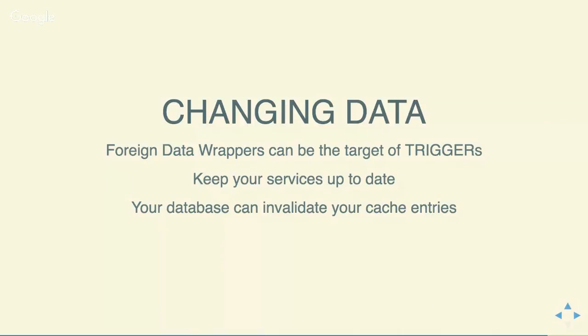So if you have a caching layer in front of your website and you can associate entries in that cache with entries in your database, then as those entries change, you are able to use a foreign data wrapper in order to invalidate those cache entries. And I'm sure that you can think of many other ways in which you can update foreign services as your local data changes. And this allows you to keep everything in sync, invisible to your app.